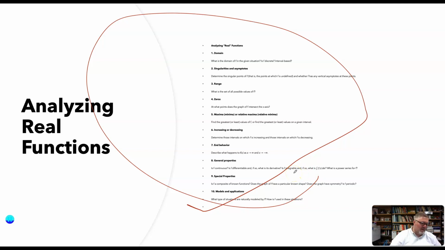I put these same questions, these same areas of focus, in the Word document for day 11. It's probably named something like analyzing functions worksheet. Anyway, these are all questions asked in high school mathematics that are focused on analyzing and understanding functions that have real numbers in their domain and range.